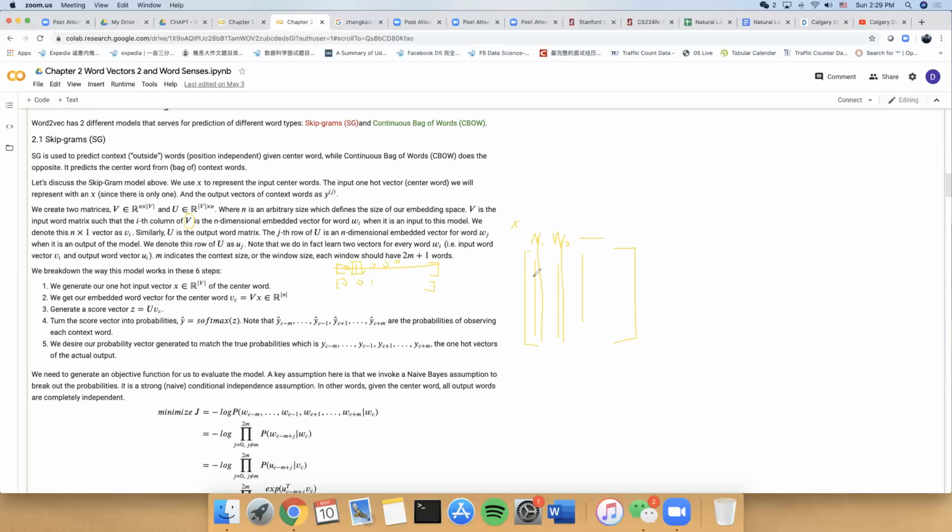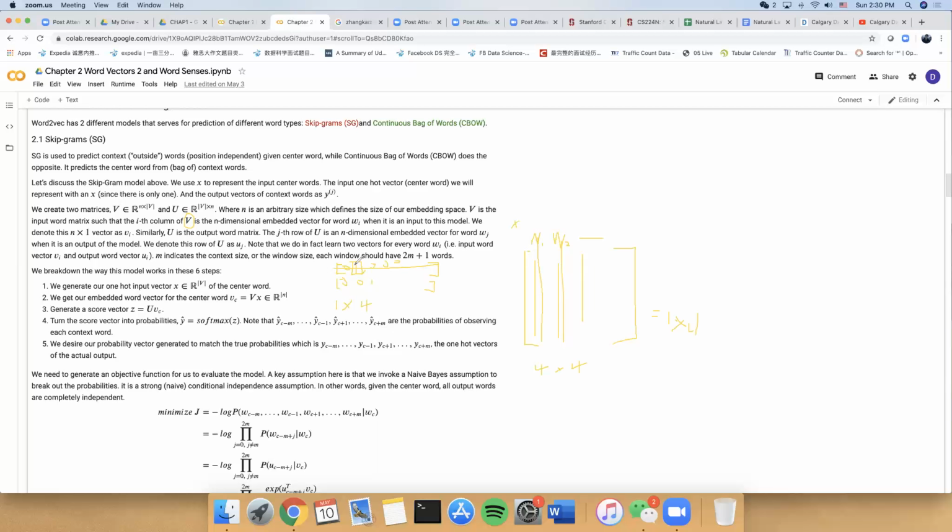For example, this is 1 times 4, and this is 4 times 4, 4 words where each word has 4 dimensions. At the end, we get a 1 times 4 matrix.